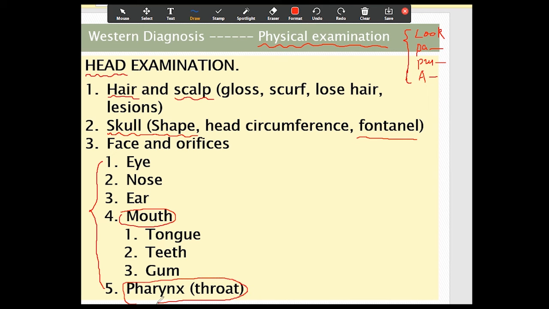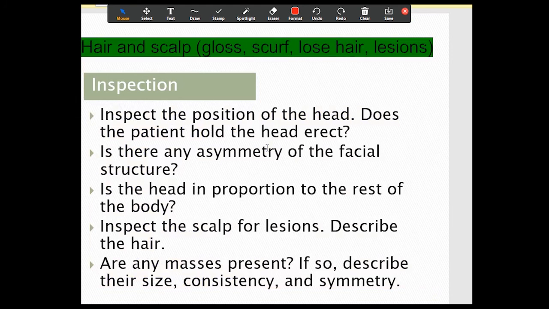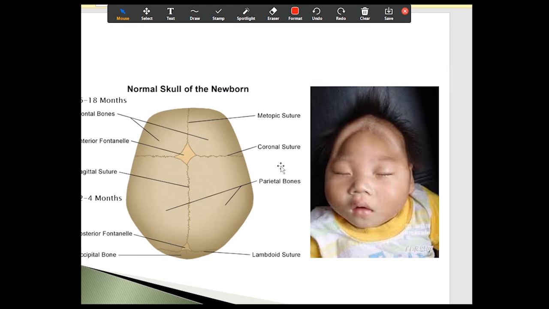Some orifices we may have a special checking way, like the eyes and the ears. So that depends on which orifice. That's generally the inspection part, and we're talking especially about children, usually under 2 years old. We need to be careful whether the fontanel is closed or not closed.